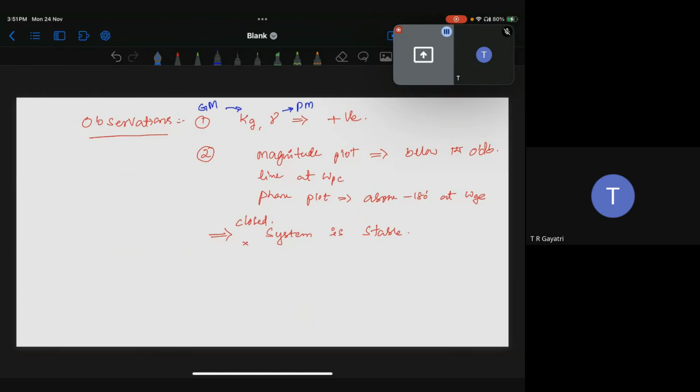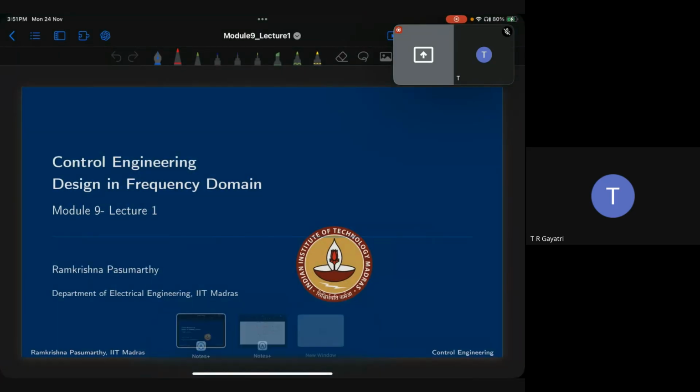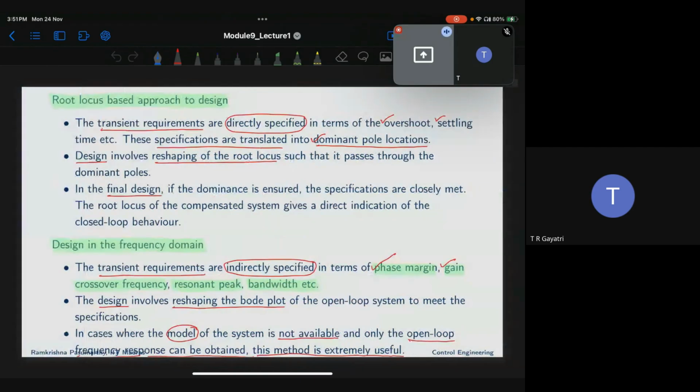So now let's go to that part. Let's start with this. This is what we saw in the previous week. We saw the compensator designs, which help us to meet the design specifications of the system. Last week we saw this based upon the root locus.